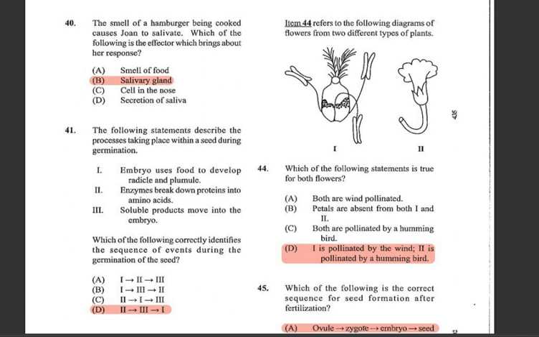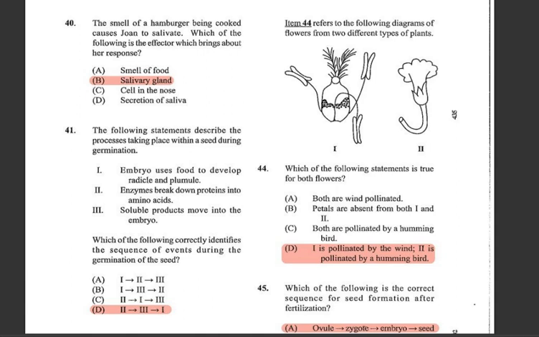To salivate is to produce saliva. So the answer would be the salivary gland, since saliva is produced by the salivary gland. So the answer would be B for number 40.